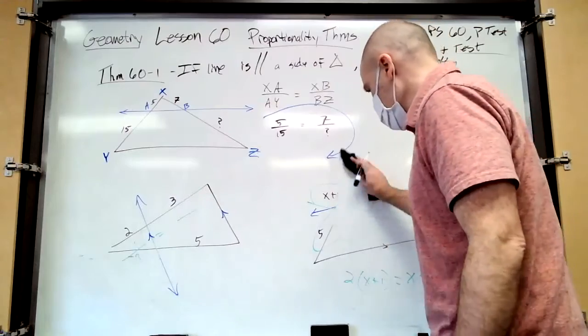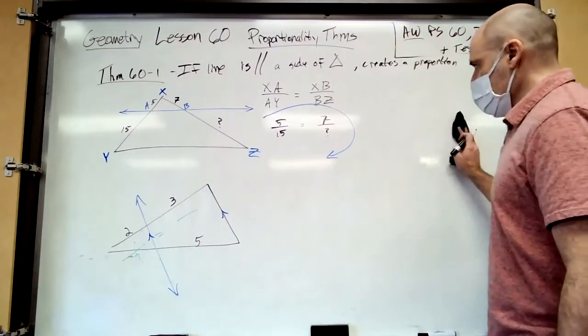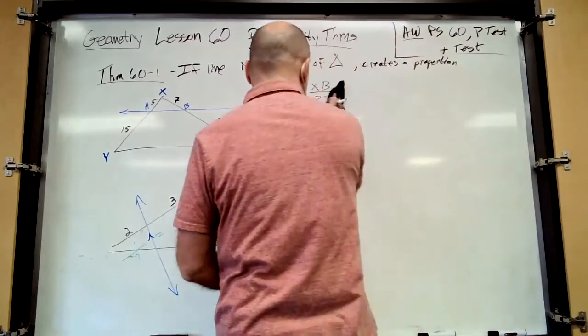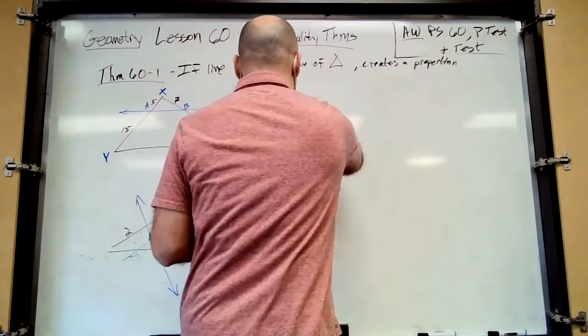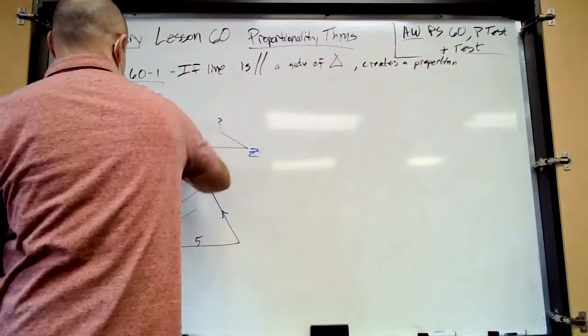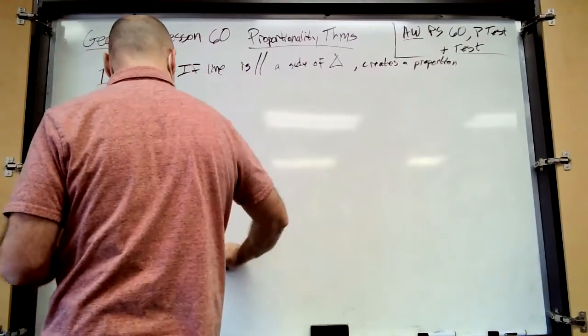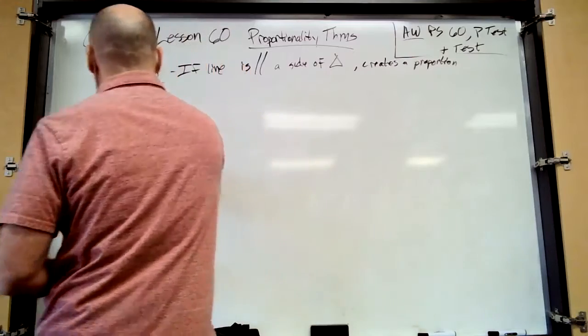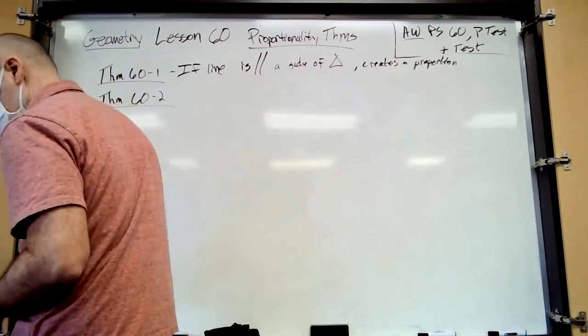What's the converse of 60-1? Yeah, so if those sides are proportional, then that line has to be parallel. Good. So 60-2 states this.